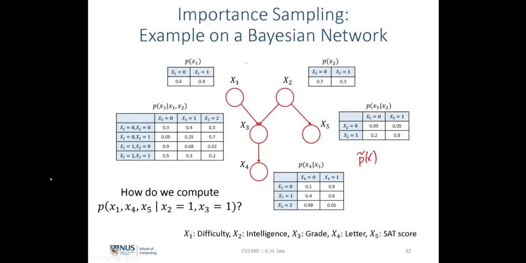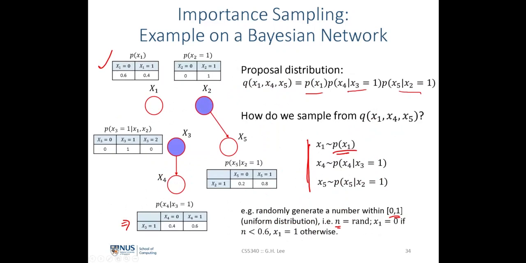So in this case, we are going to take this particular slice where x3 takes a state of 1, and that is equivalent to x4 having probability 0.4 to be in the state of 0, as well as 0.6 in the state of 1.